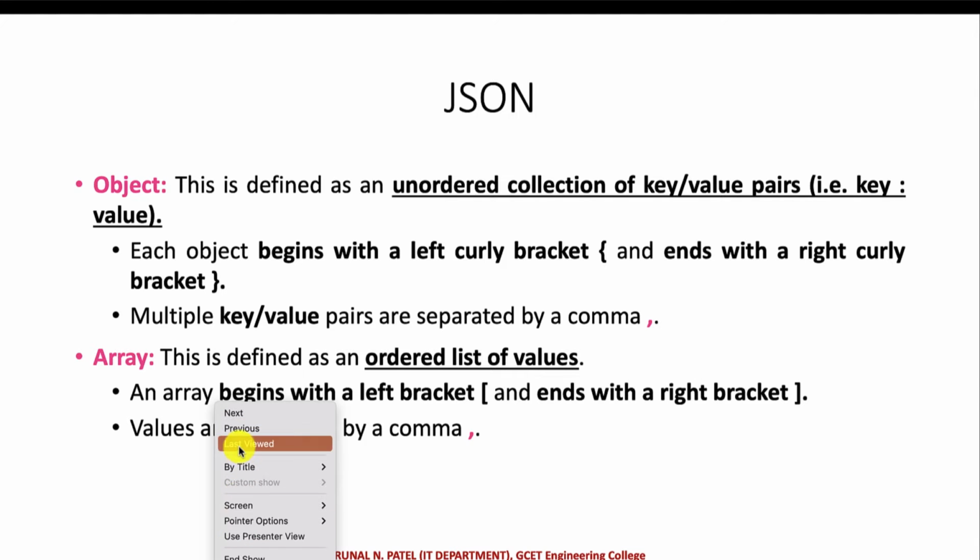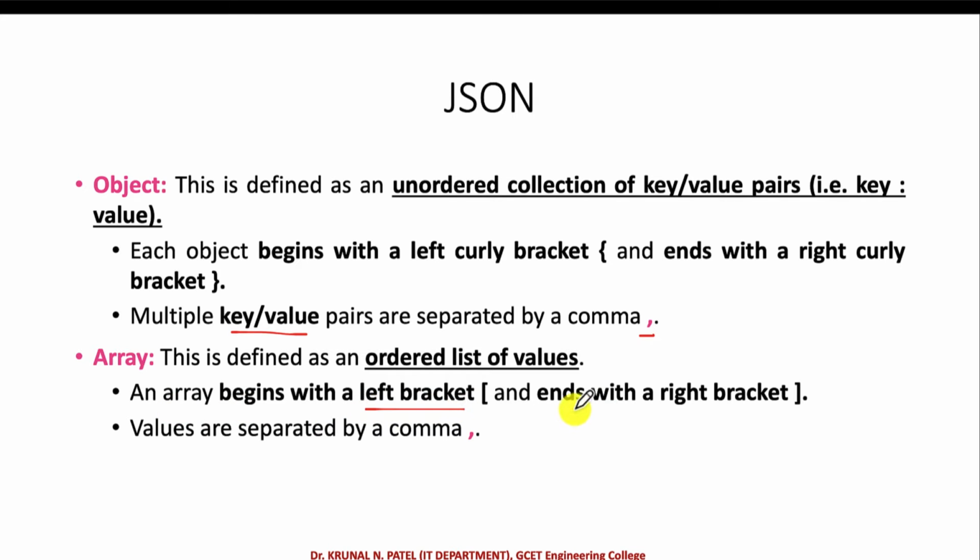Here you can see that it uses multiple key value pairs separated by commas. An array is defined as an ordered list of values. An array begins with a left bracket and ends with a right bracket. You just need to remember: whenever you see curly brackets, it's an object. Whenever you see square brackets, it's an array, right? Both are separated by commas.